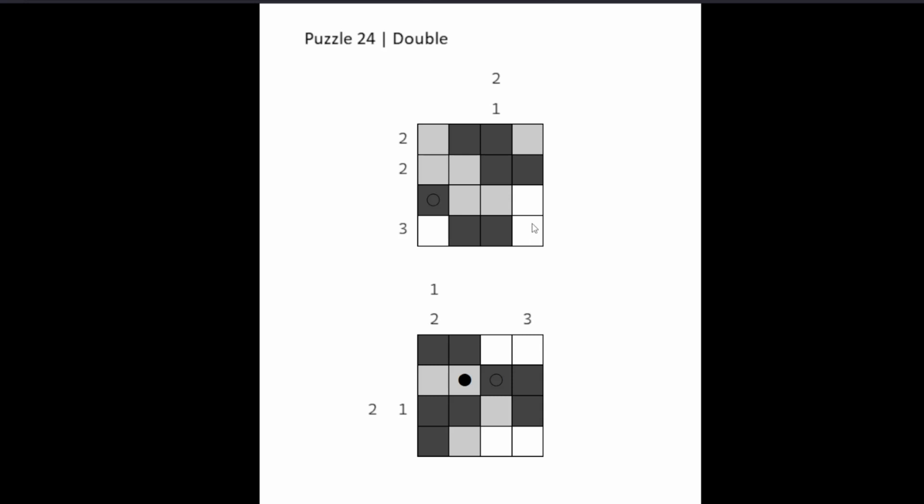Why? Yeah, it seems totally fine if these are both black and then these are both white. Right? This goes down like that, and this goes like that. That seems totally fine.